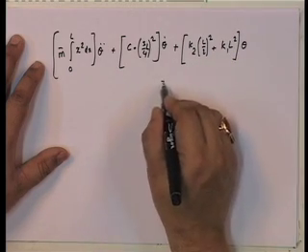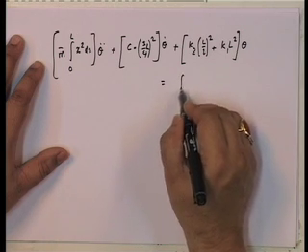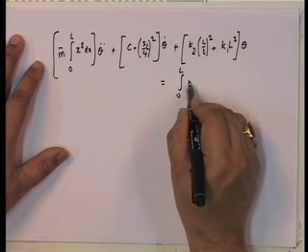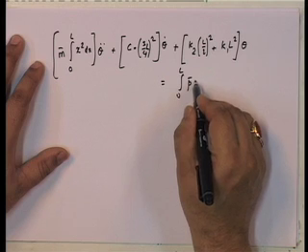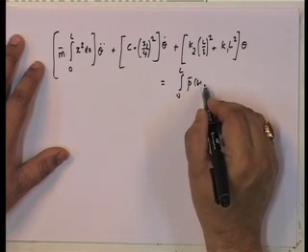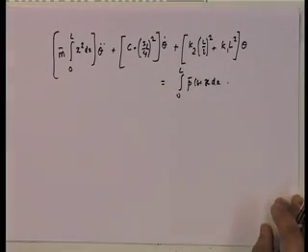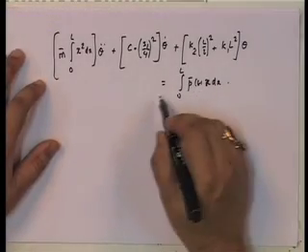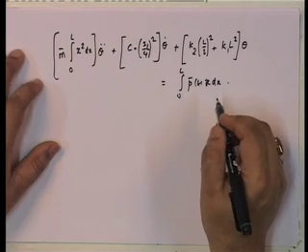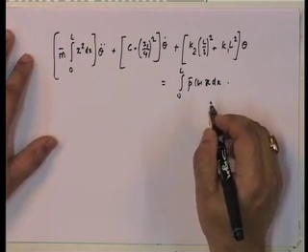And on the other side, I get integral 0 to L p bar t x dx. Now if I do these, I know that p bar is a constant, because I have said that it is a uniformly distributed load, and m bar is a constant.